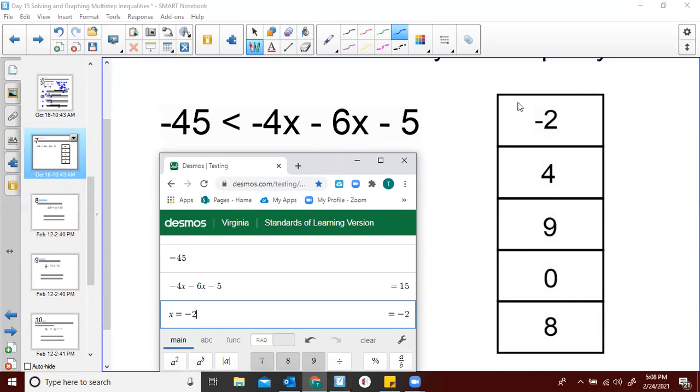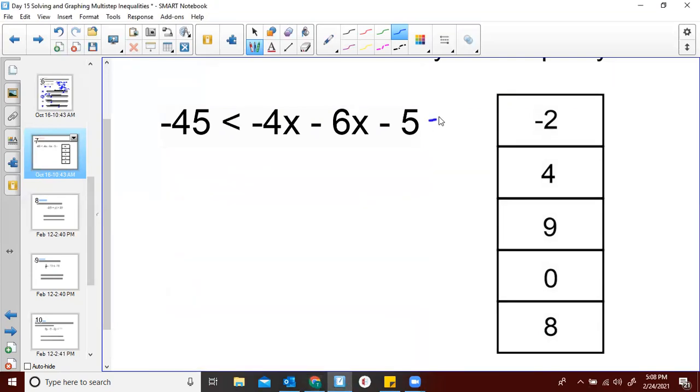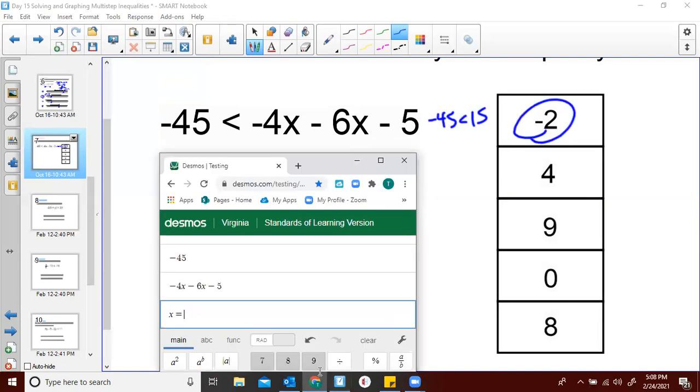So what this negative 2 tells me is that negative 45 is less than 15. So is negative 2 a good answer? Yes, it is. All right, let's try 4. This is what I'm looking at. I have this negative 45 that I just input, that's the left-hand side, and then the right-hand side gives me a negative 45.